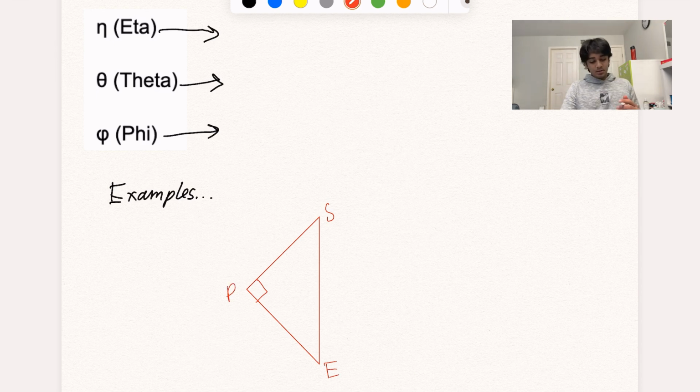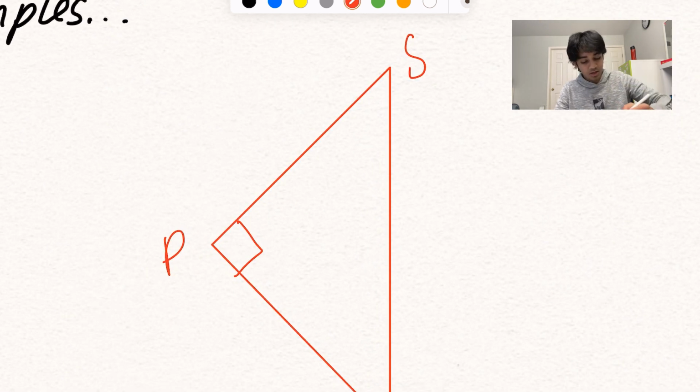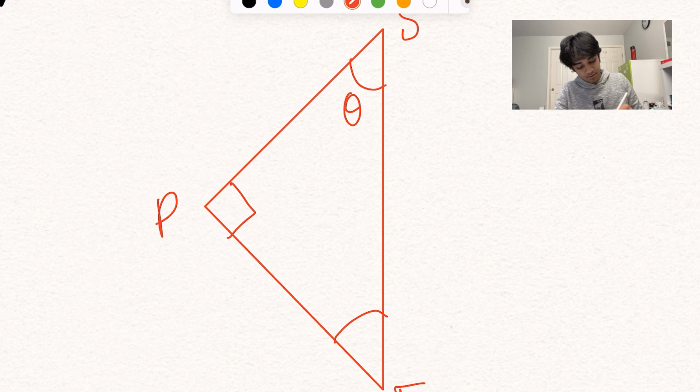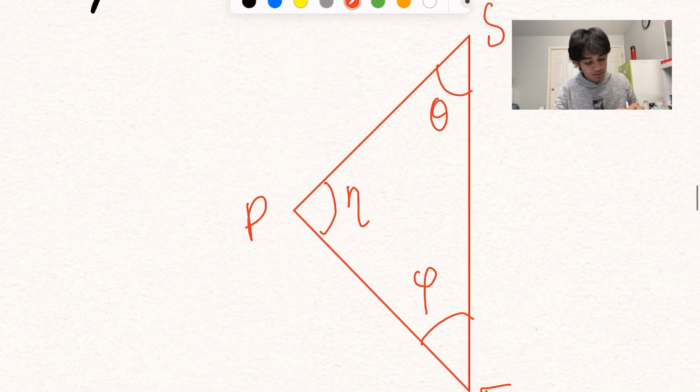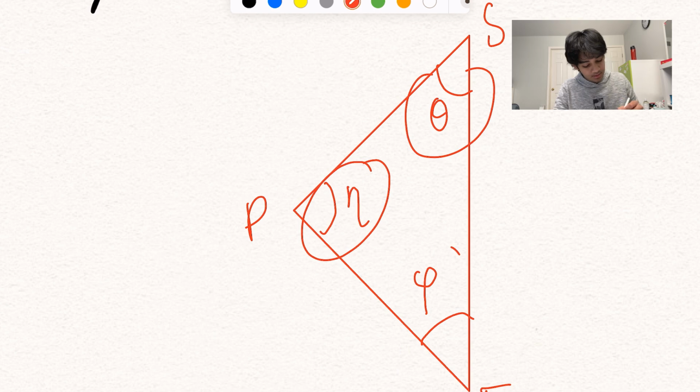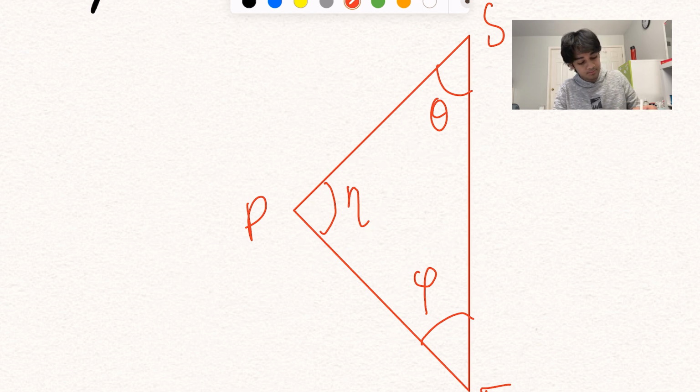There are specific conventions that we use to address these angles. The one at the sun is usually called theta. The one at the Earth is usually called phi for phase angle. And the angle for the planet is called eta. So we have theta, eta, and phi.